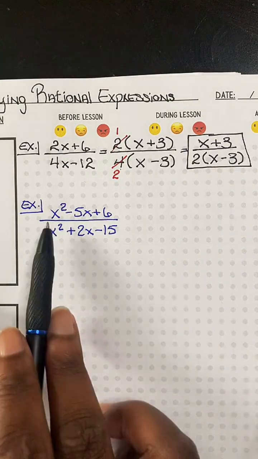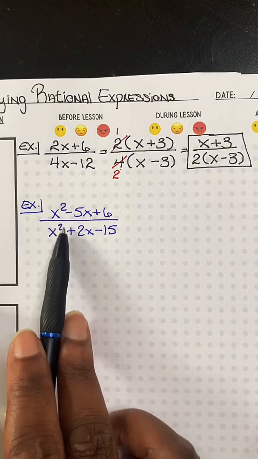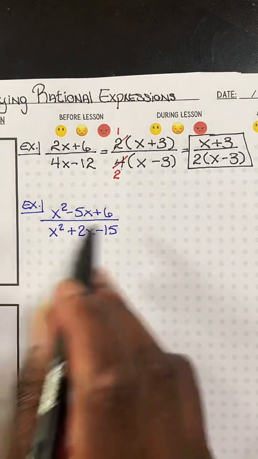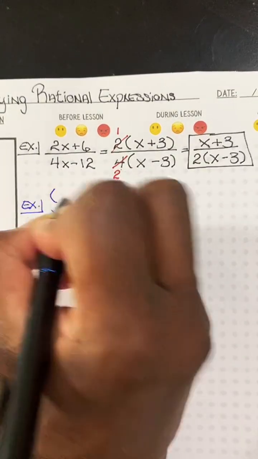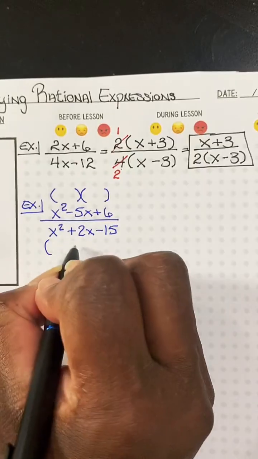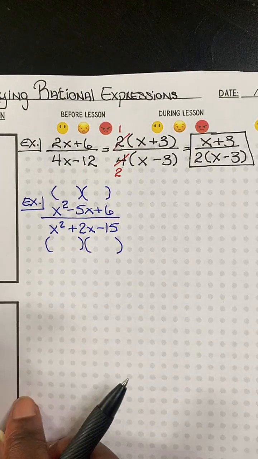Anytime I see a trinomial and my highest degree is to the second power, I'm thinking about factoring. So that means I want to break this down into 2 parentheses. We've got 2 sets of parentheses there and 2 sets of parentheses there.